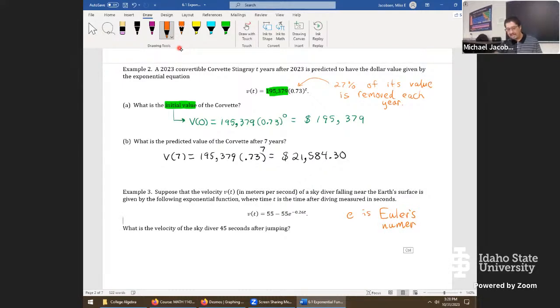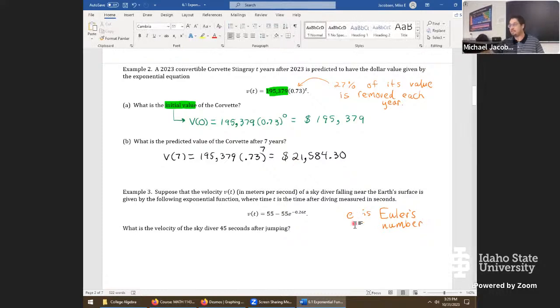Euler was a mathematician hundreds of years ago, but he was one of those strange mathematicians that all he did was math. He went blind at one point, and he still published volumes and volumes of math. If you took all of his published work, it could go from one end of the hall over there all the way to the other end, possibly multiple times. He was one of the most prolific mathematicians of all time, and that's his number, E.